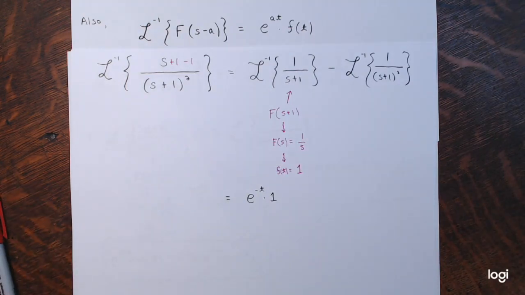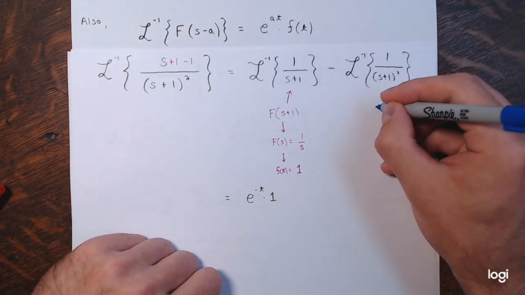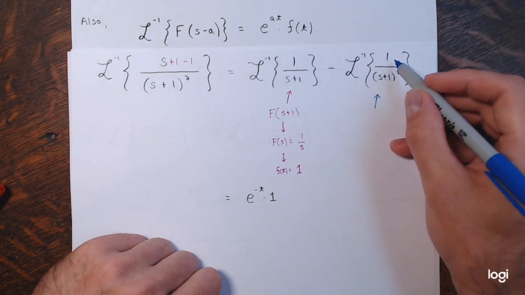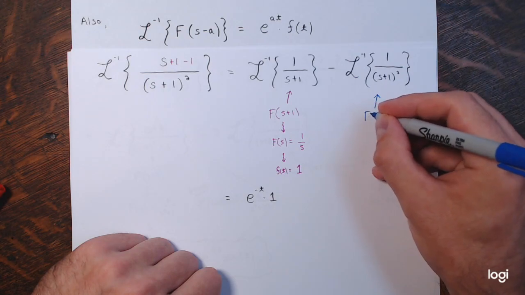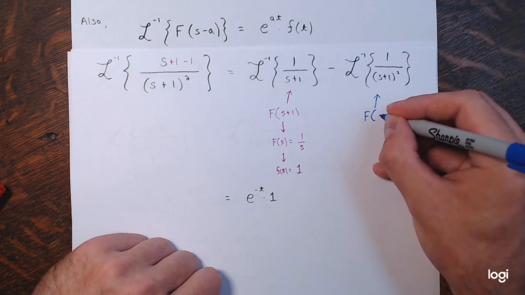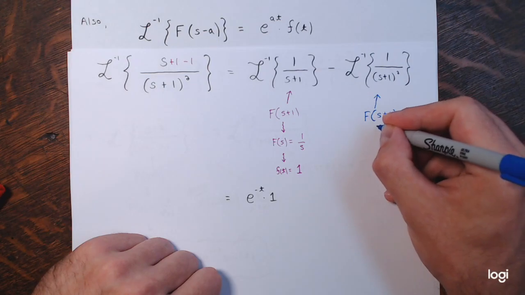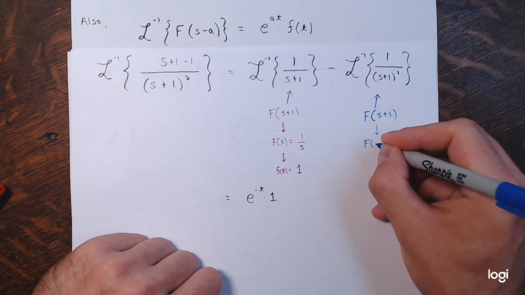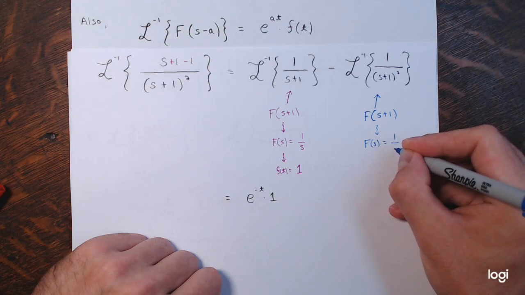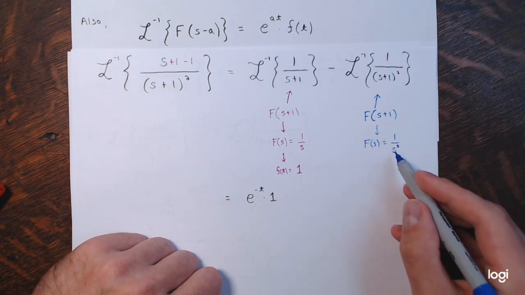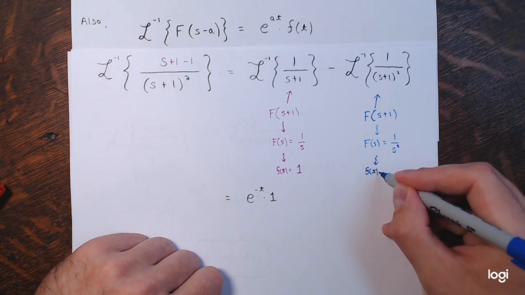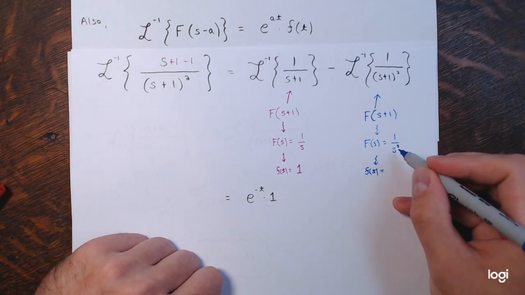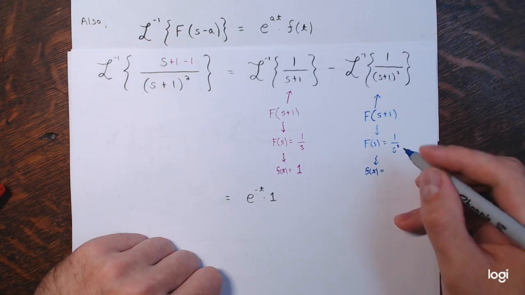All right, then a different color, because for the second one it's almost like you're starting over. In this one, again, I can think of this 1 over s plus 1 squared as some function, capital F, where s was replaced by s plus 1. Well, if that's the case, then capital F of s in this case would be 1 over s squared. And we've already seen this. That means that little f of t, the function with 1 over s squared as a Laplace transform, is just t.